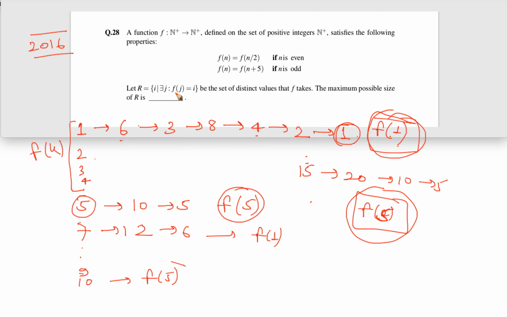So if any j points to some value, then all those unique values we are capturing, all those I which are reachable from these functions, the recursive definition.